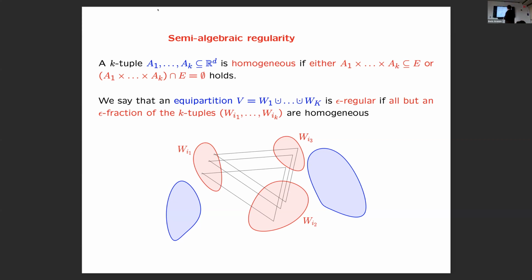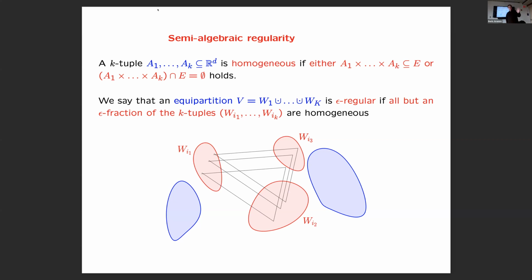And we say that such an equipartition is epsilon regular if all but an epsilon fraction of the k-tuples of the subsets are homogeneous.